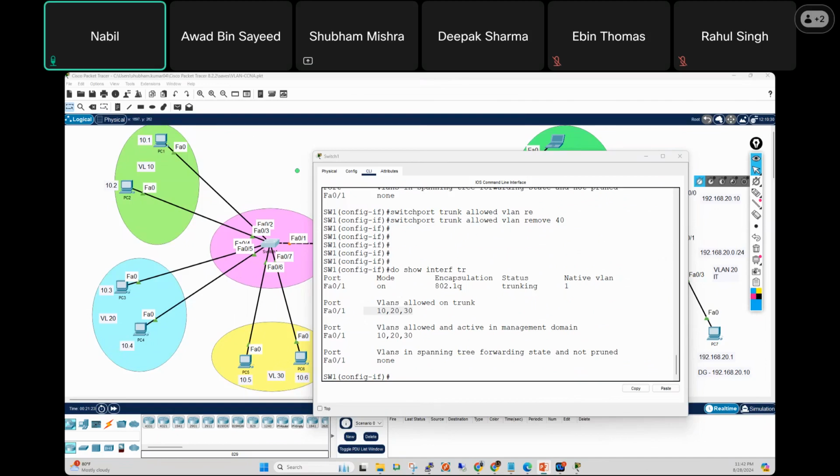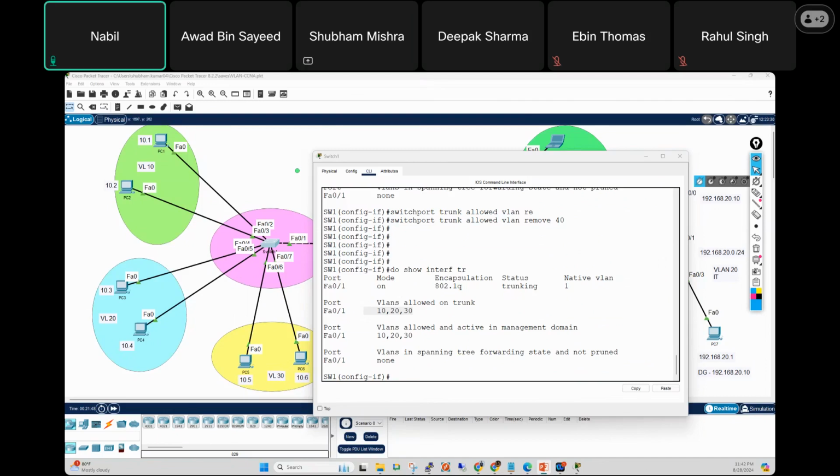Or we can write no VLAN 40. This is the second option. See, when you write no VLAN 40, it means you are removing the complete VLAN from the switch. And this command does not allow VLAN number 40 on the trunk link only.